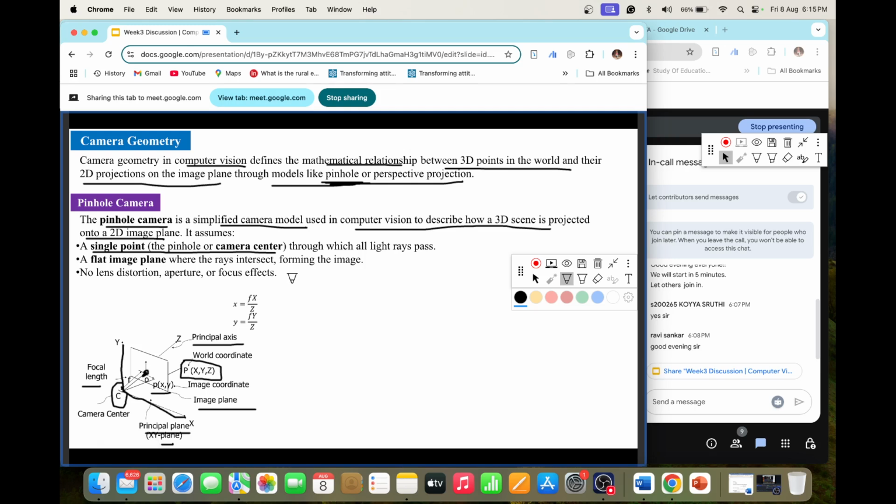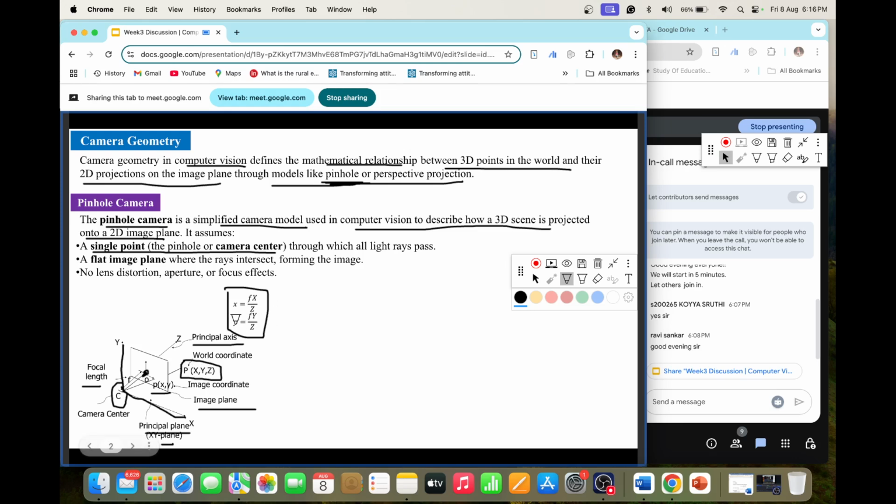Okay, now the question will be how we can get the x, y point from the X, Y, Z point of the real space. That we can achieve by this formula. x will be equal to f, that is the focal length, into capital X, the x coordinate in the real space, divided by the z coordinate.